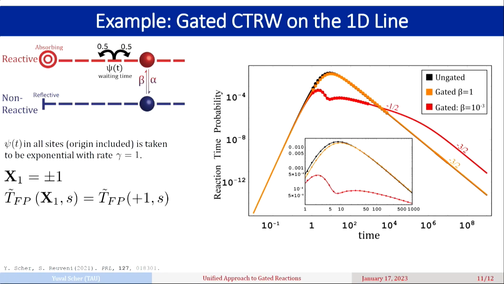Another interesting thing that we can see is that if you spend a lot of time in the non-reactive state, it's called the cryptic regime. So most of the time you're spending hidden. It's hard for you to find the target, or it's hard for you to react. You have a very, very long interim regime, over a few decades here, that has a completely different power law.